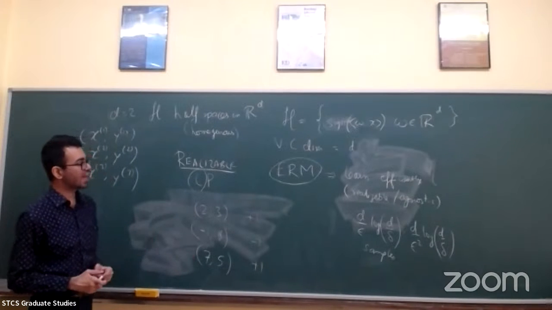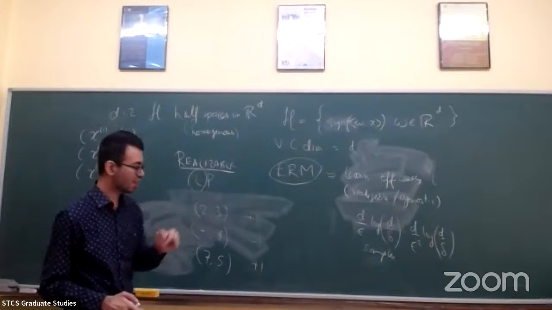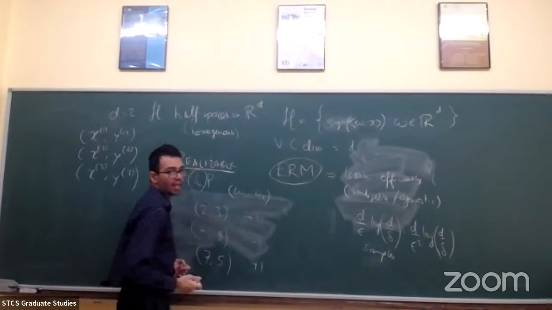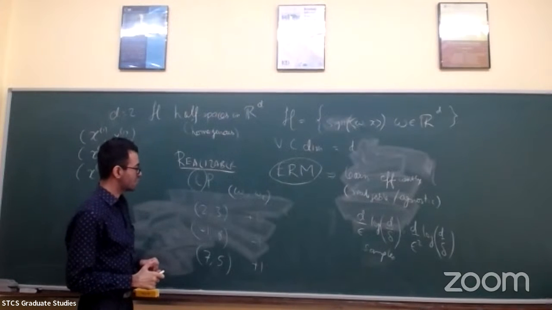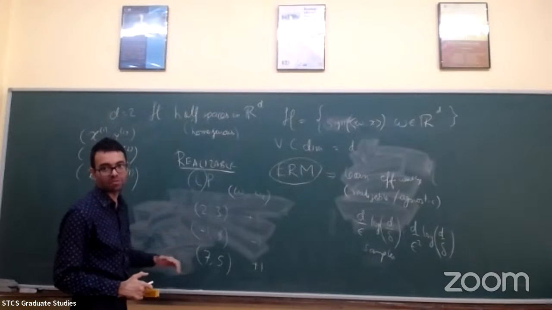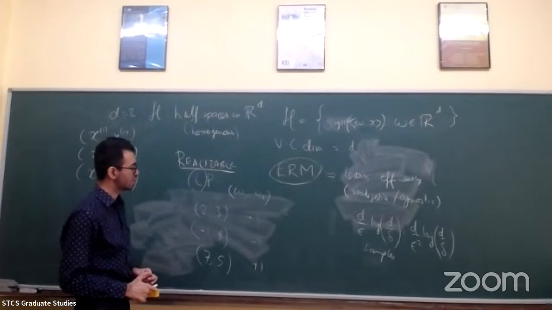Now you want to ask, can I produce W1, W2 so that I get 0 error on all of these examples?